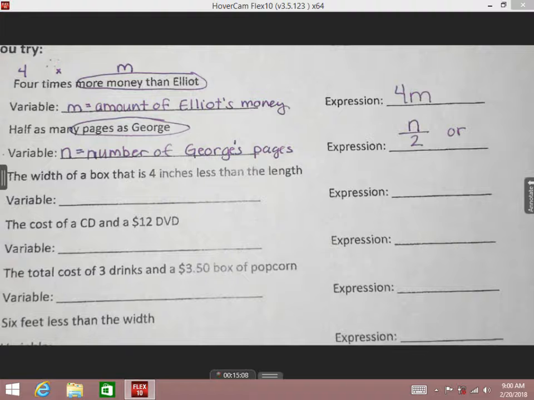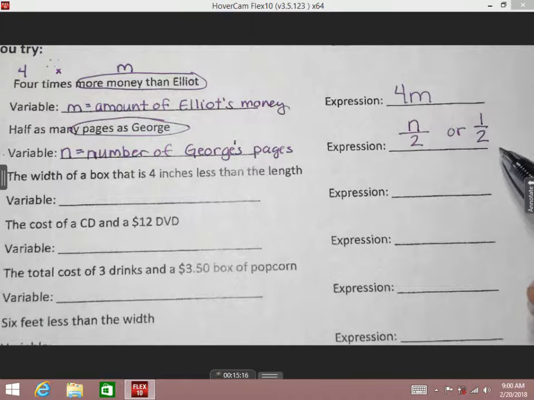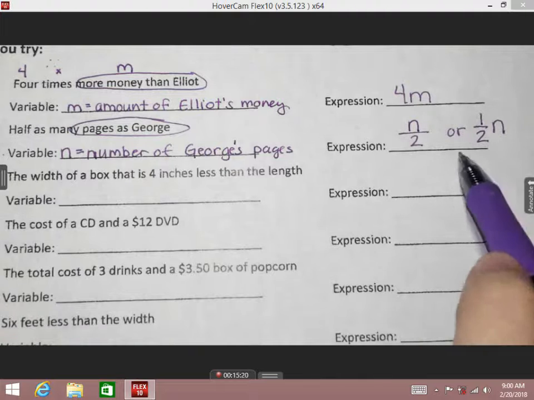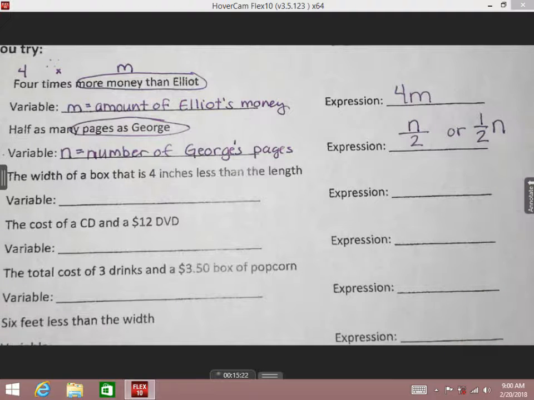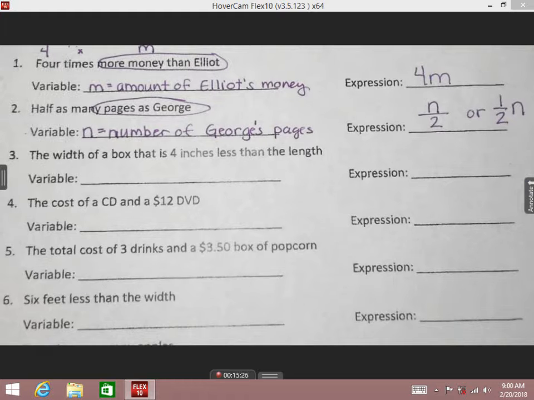Taylor? Okay, so 1 over 2 means half. So that would be half of, which means multiplication, n. So you can do n divided by 2, or we can do 1/2 n. Okay. All right, number 3.